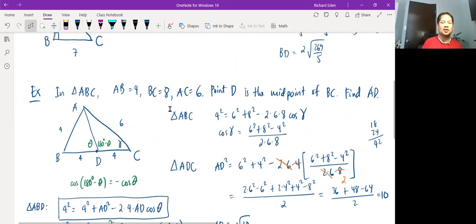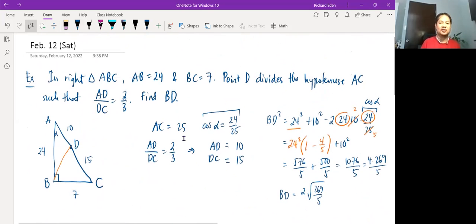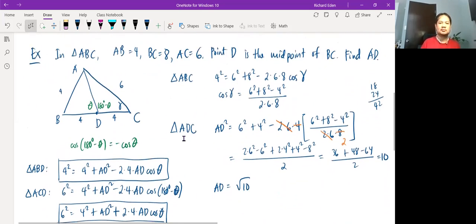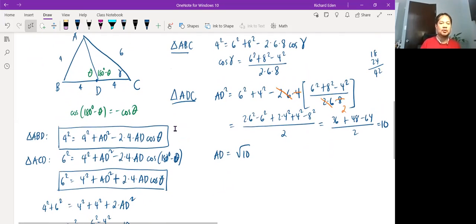Because even though you're using different triangles, you have a way of relating the angles. So in your solution, we looked at two triangles, ABC and ADC, and they happen to share the same angle gamma. So that's what we used. In this other solution, we used those two triangles ABD and ACD.